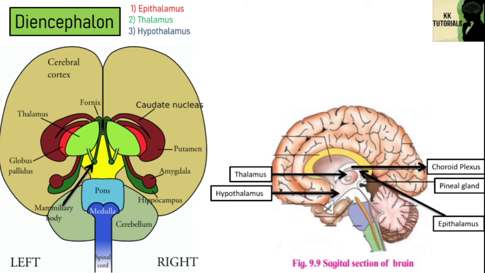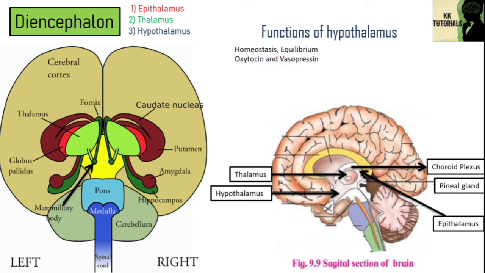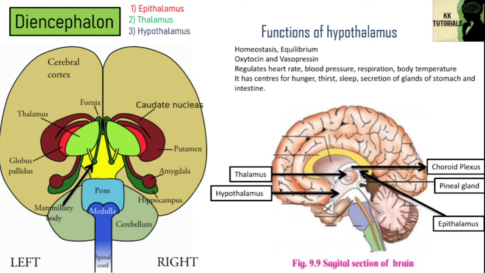If we talk about functions of hypothalamus, then it is responsible for homeostasis, equilibrium of the body. It is also involved in the production of oxytocin and vasopressin. Hypothalamus also regulates heart rate, blood pressure, respiration, body temperature, and water and electrolyte balance. It has centers for hunger, thirst, sleep, secretion of glands of stomach and intestine.